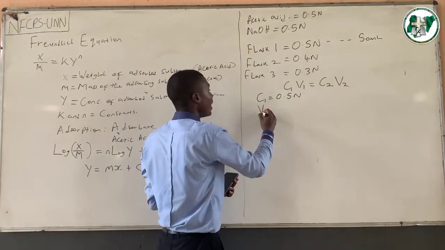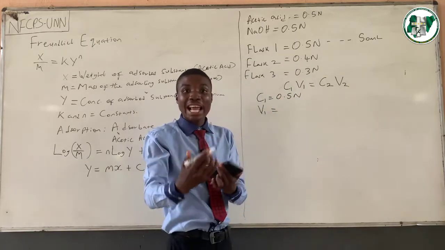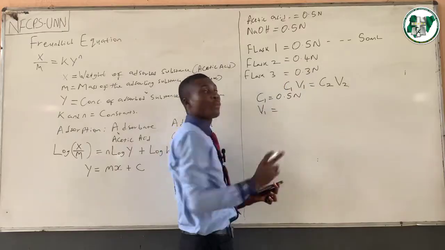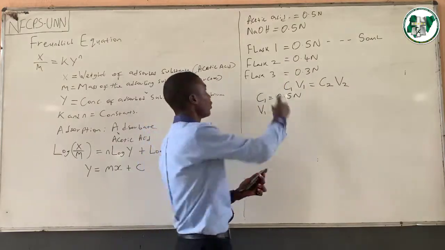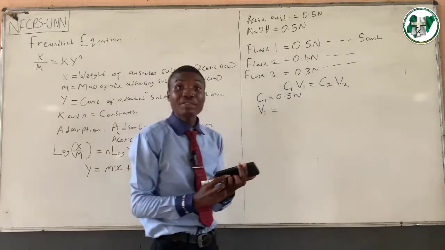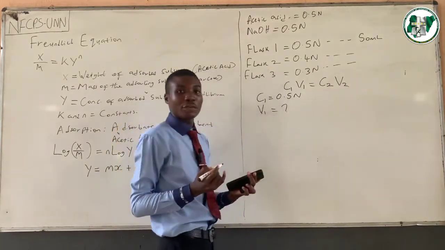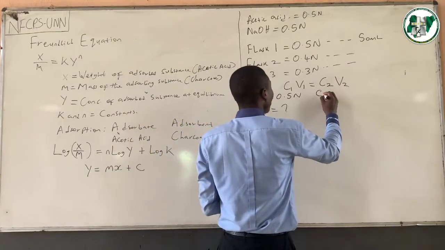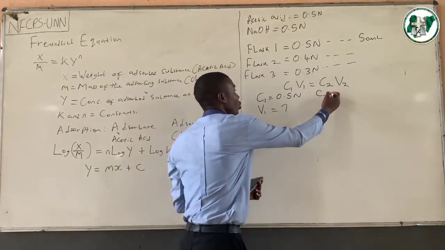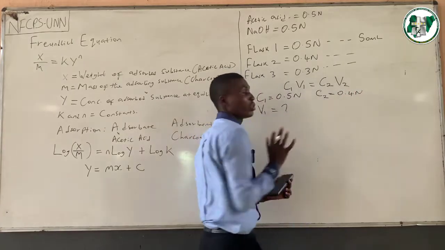And we do not know what volume of C1 we are going to dilute to get 0.4 normal. But we are aware that for each of these flasks, everything must be equal to 50 ml. So V1, we do not know. What about C2? We know that our end concentration, the concentration we are looking for, is 0.4 normal. This is the concentration we need.